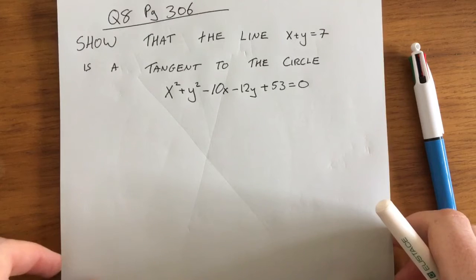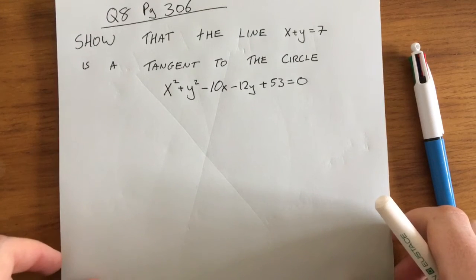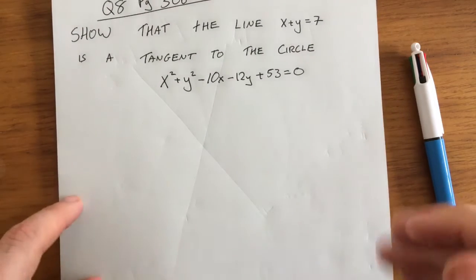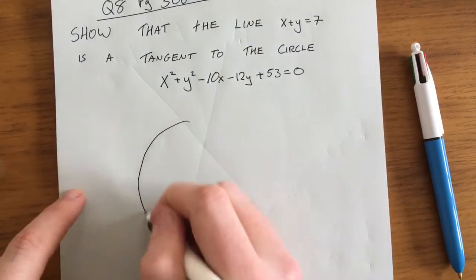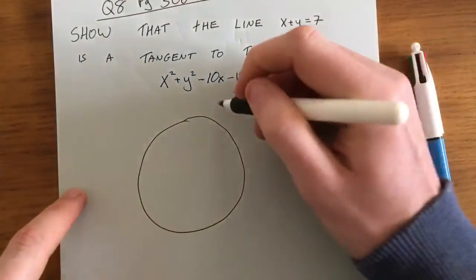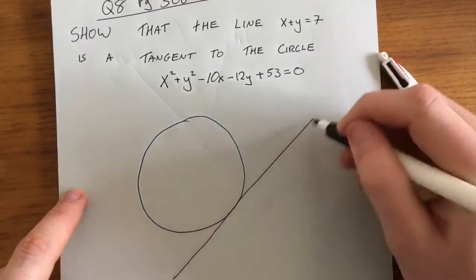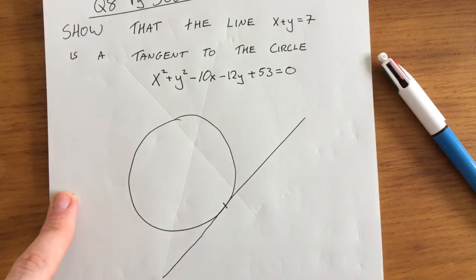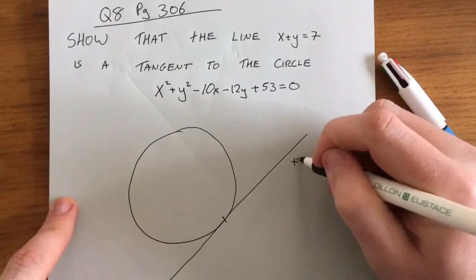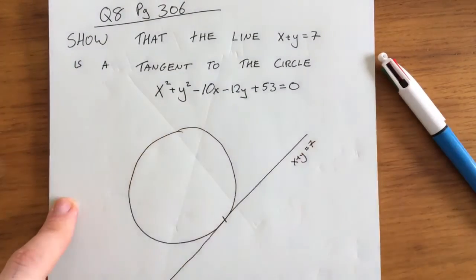Once again, in this chapter, my number one advice would be to always draw a diagram. So we want to show that this line is a tangent to the circle. Here's the circle, and we all know what a tangent is. It's a line that would cut or touch the circle just once. And this is my line x plus y is equal to 7.